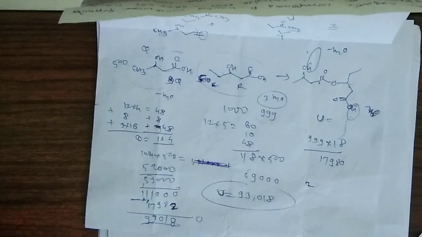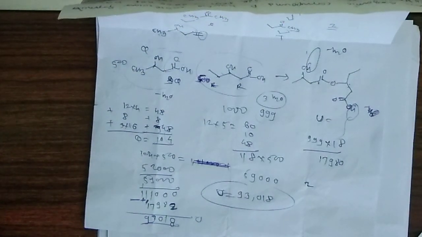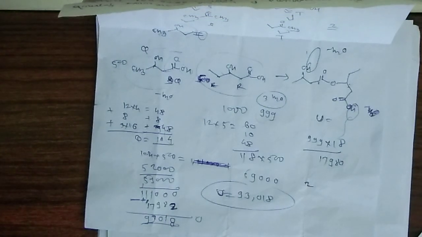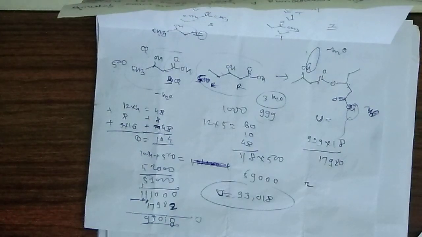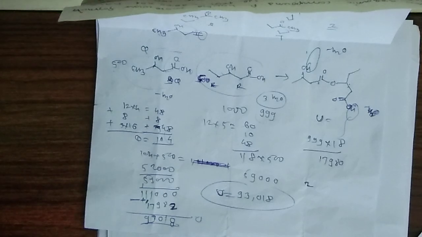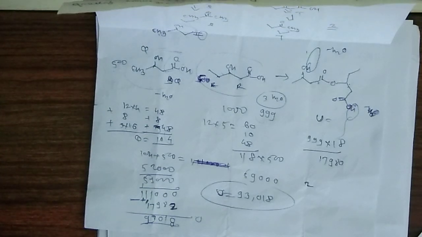This question will take so much of your time, and it is also a little hard. I hope you have understood the answer to that question, and this is the last organic chemistry question of JEE Advanced 2024. I will continue in the next video with whatever comes to mind. Thank you guys.